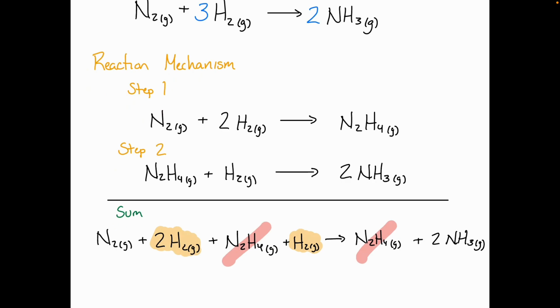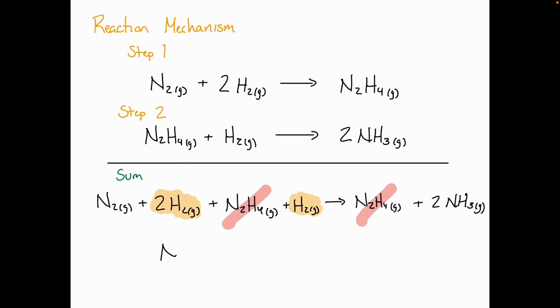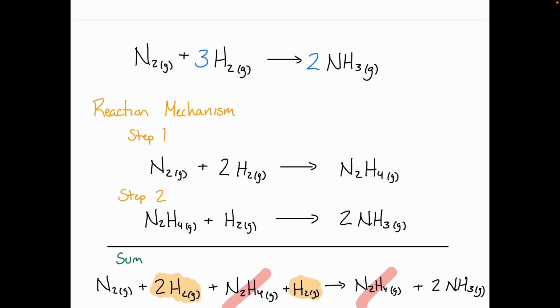And so what I'm left with is my overall equation here: my nitrogen plus my 3 hydrogens give me 2 ammonias. Right, so it checks out. We got a legit mechanism here because these elementary steps sum up to my overall reaction.